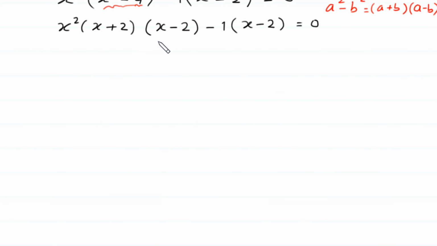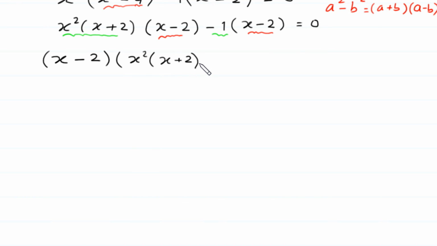Next, this expression x - 2 is common, so we can factor out x - 2. (x - 2) times, in brackets, x² times (x + 2) minus 1, is equal to 0.